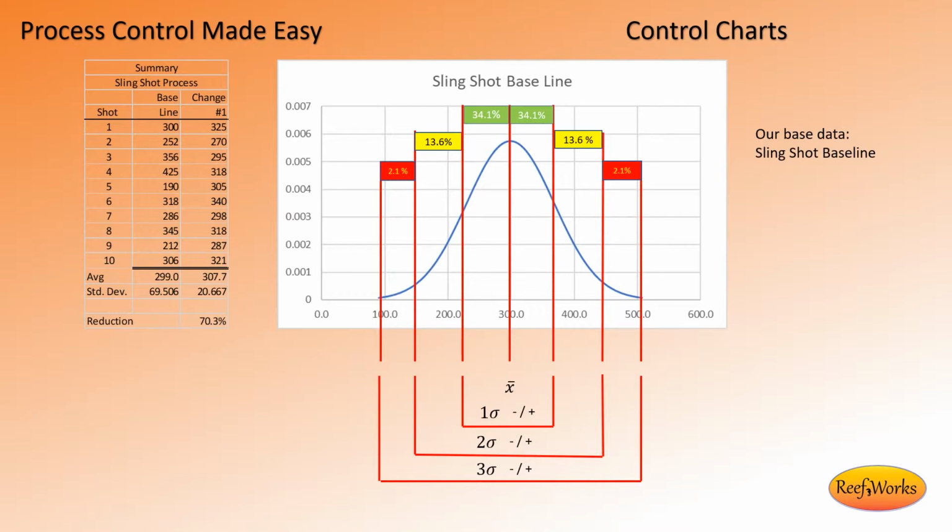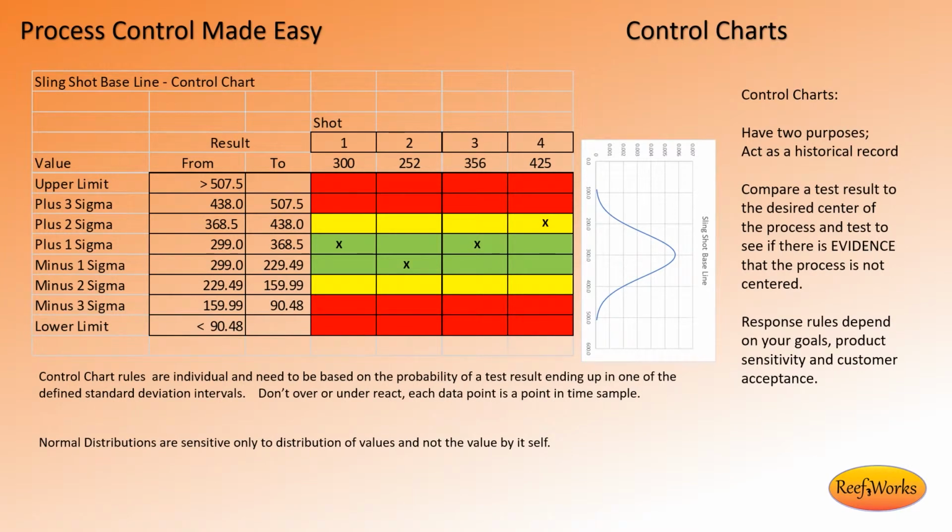Now if you're outside of 3 standard deviations, that's a real issue, and it really says you've got a problem. Your process is not centered. So let's take a look at the control chart now. We'll just take the normal curve and turn it sideways so you can get a good visualization. Control charts really do have those two purposes, as we said earlier.